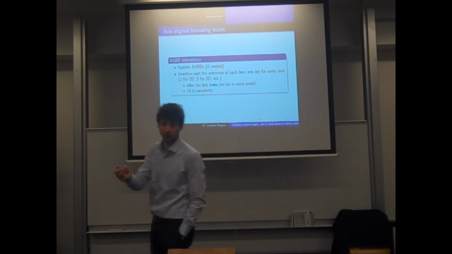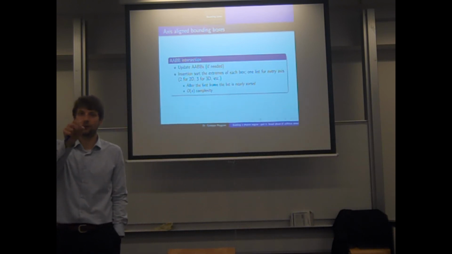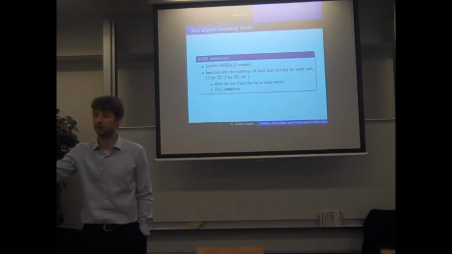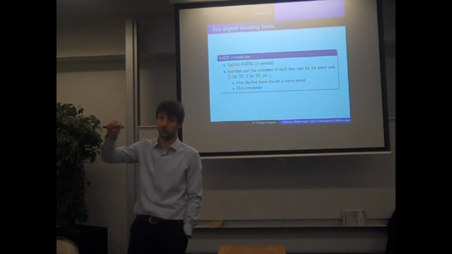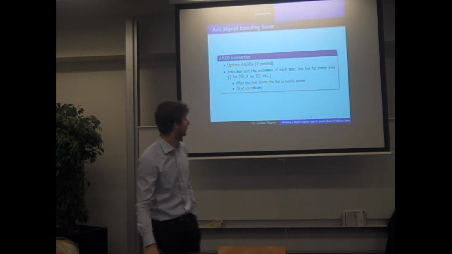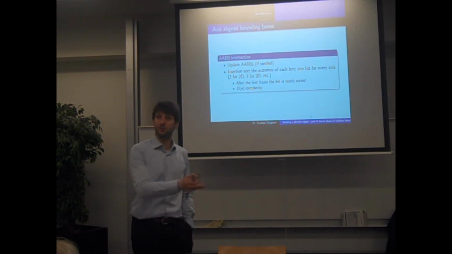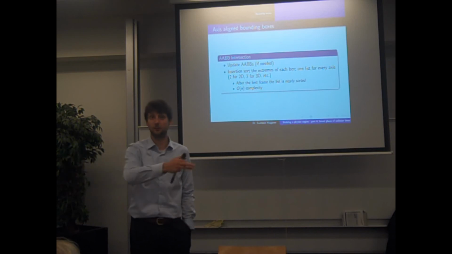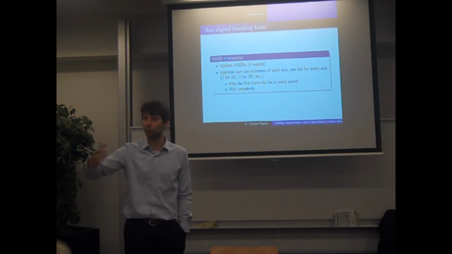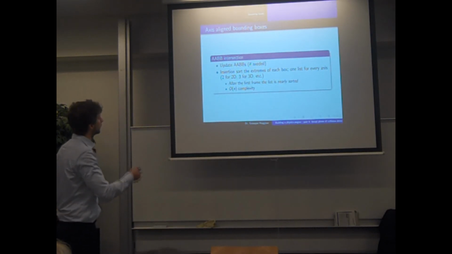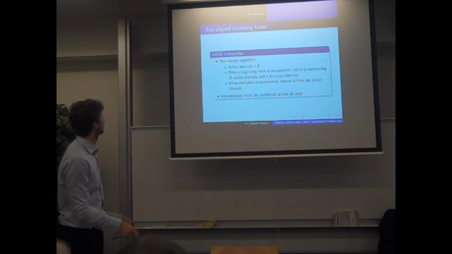If the objects do not change too much, you will have to do very few steps to find the right place for an object, because the right place in the list is going to be close to where the point started. So after the first frame, the list is nearly sorted. This means we basically do a single pass of the list. It's not a full sorting. It takes O(n), just one linear pass of all the objects.